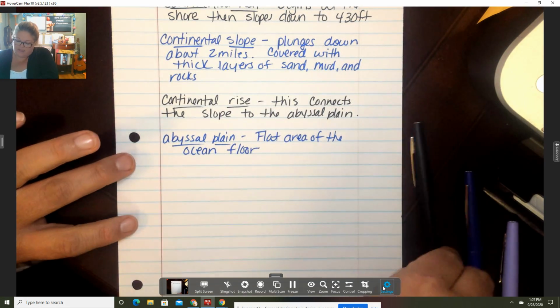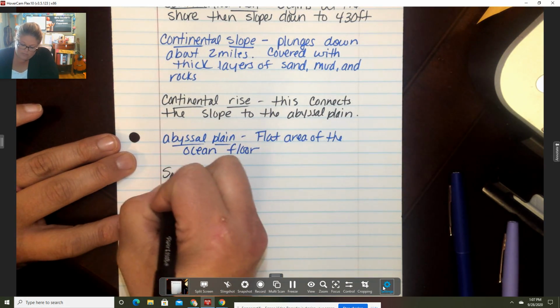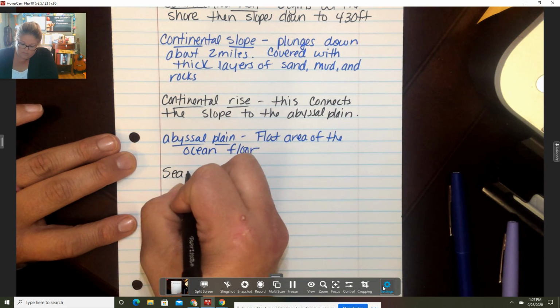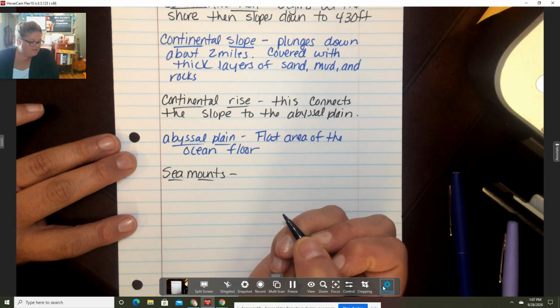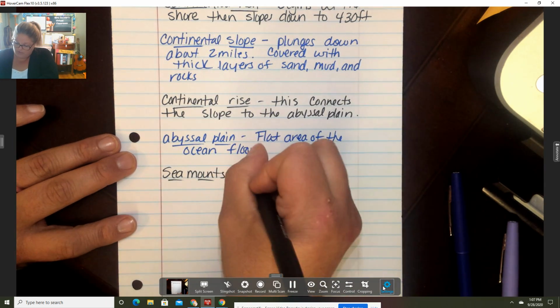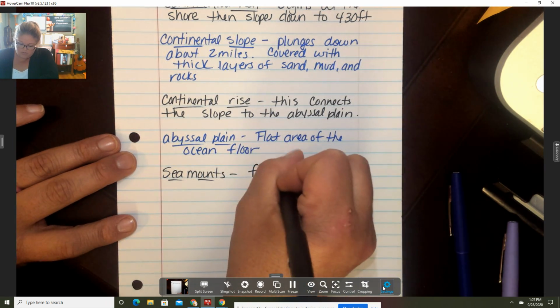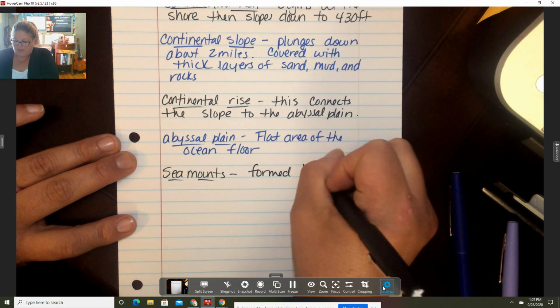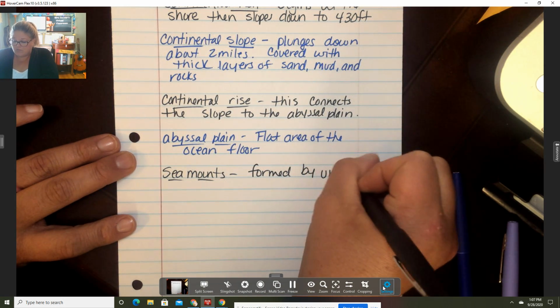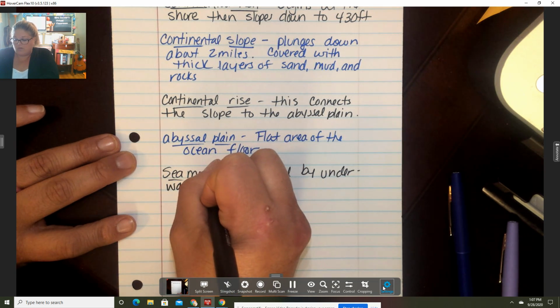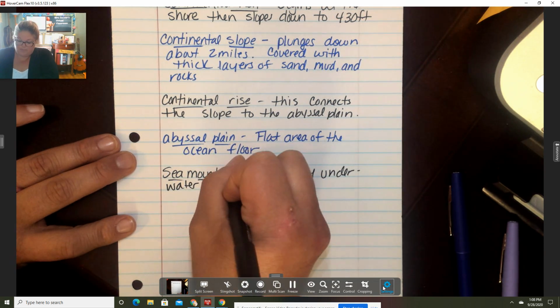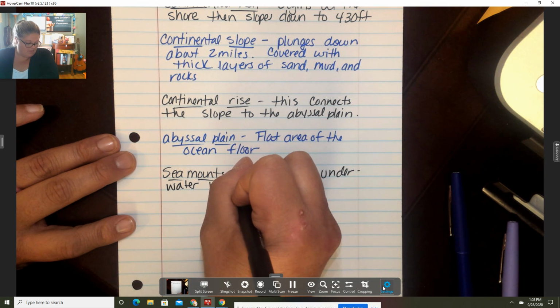All right, I'm going to say seamounts. All right, and these are formed by underwater volcanoes. And from the cooling of the magma or the lava.